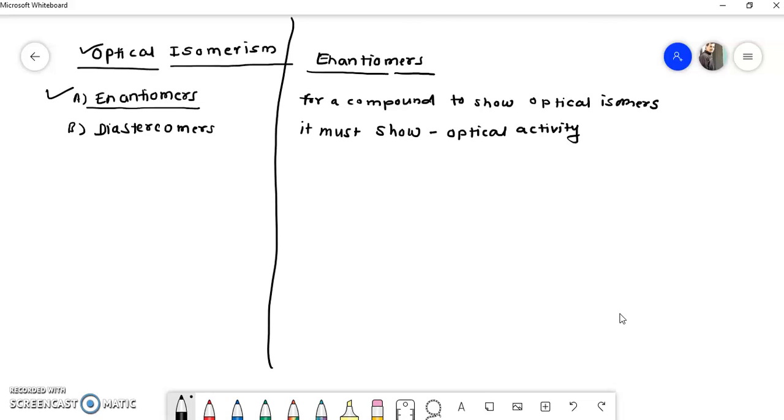I have already explained this. So for a compound to show optical isomerism, it should be optically active.